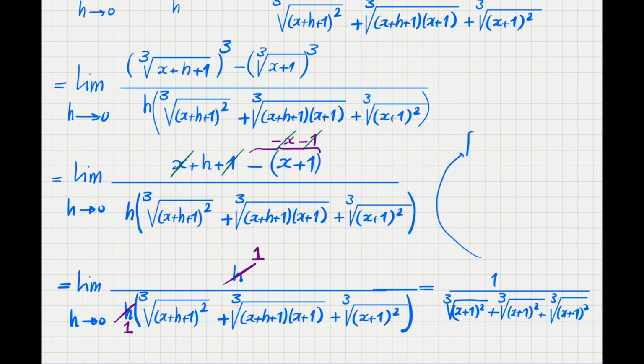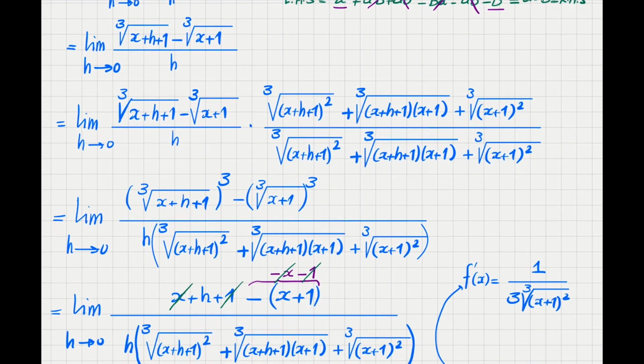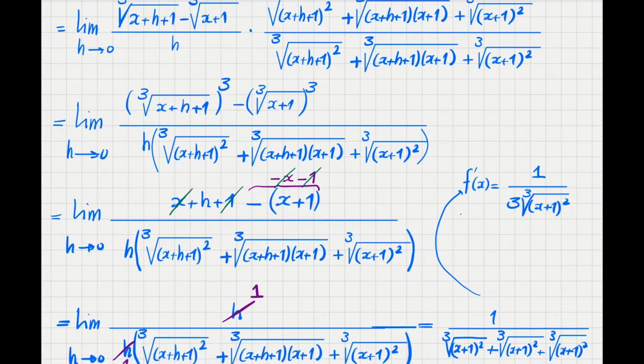The derivative f prime of x becomes, in the numerator I have just simply 1. In the denominator I have 3 of those factors, which is the third root of x plus 1 to the 2. And that is exactly the answer provided by the problem itself. So this would be the derivative of this function.